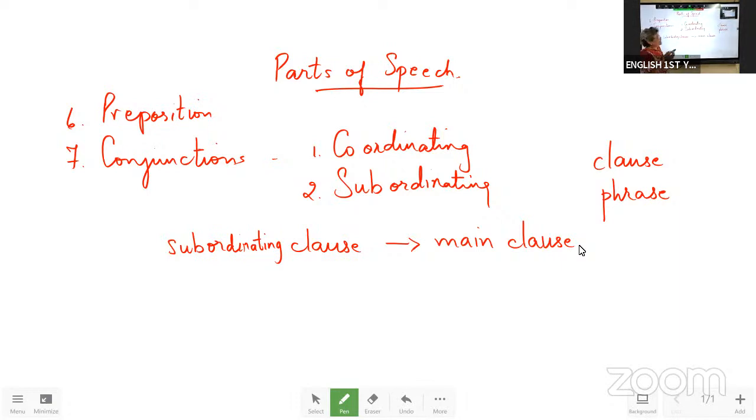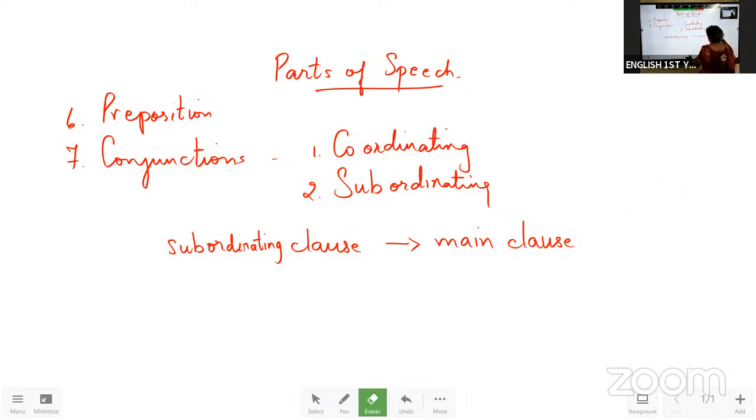What are coordinating conjunctions? Take for example: and, yet, either, neither.